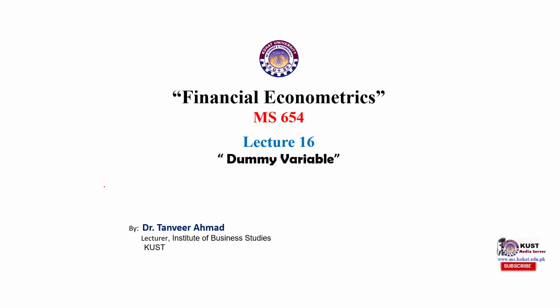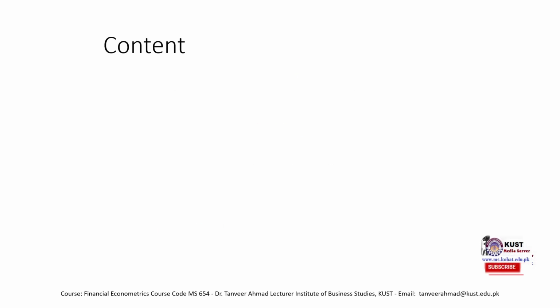Welcome to lecture 16 of Financial Econometrics, and we are continuing our discussion on dummy variables. So this is part 2 of the dummy variable lectures. Moving towards the contents, previously we saw what if we had one categorical variable, although there were different categories in it.